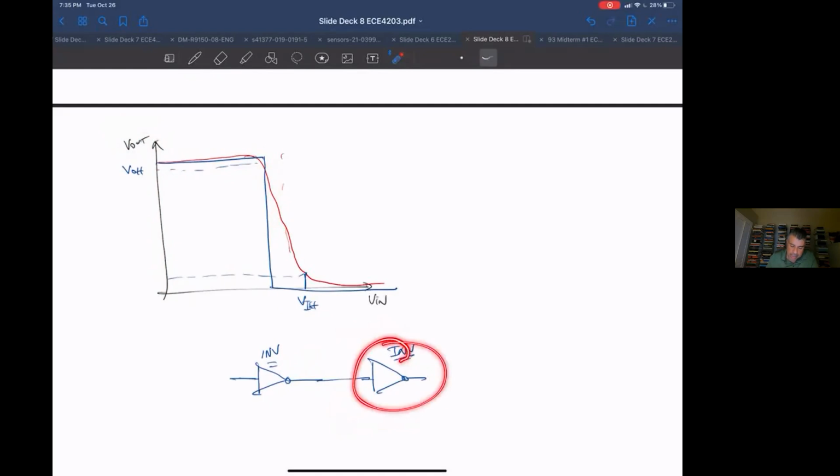This guy is an exact replica. What's the lowest value that this guy still accepts as a 1 coming in? That's on this input axis. That's why noise margin high says this is the worst case 1 that I'm going to transmit, and this is the worst case 1 that I accept as a 1 as an input.